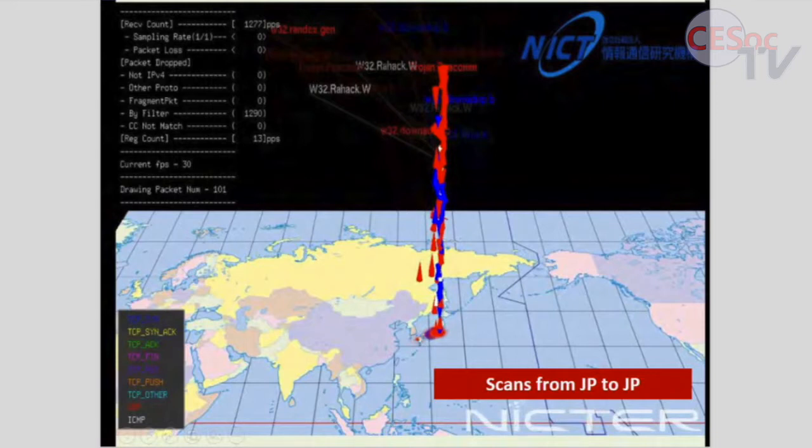But honestly speaking, we also have many scans from Japan to Japan. So not only from outside, we have a lot of scans from within Japan.